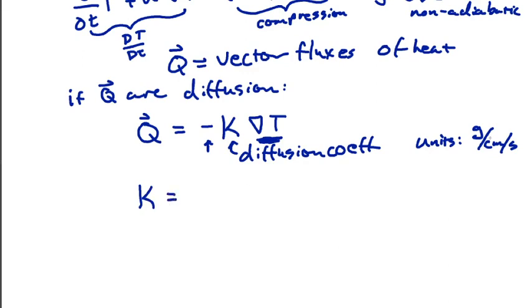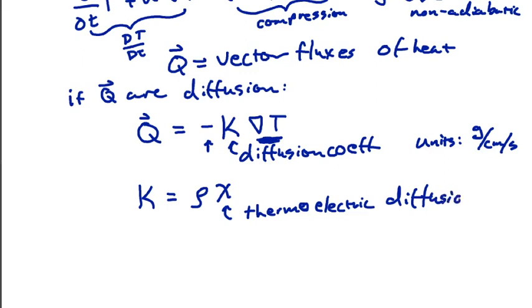K, with these weird units of mass and length and time, can be written in a slightly more familiar unit that we'll see at various times. If we take a factor of density out, this chi here is the thermoelectric diffusion coefficient.